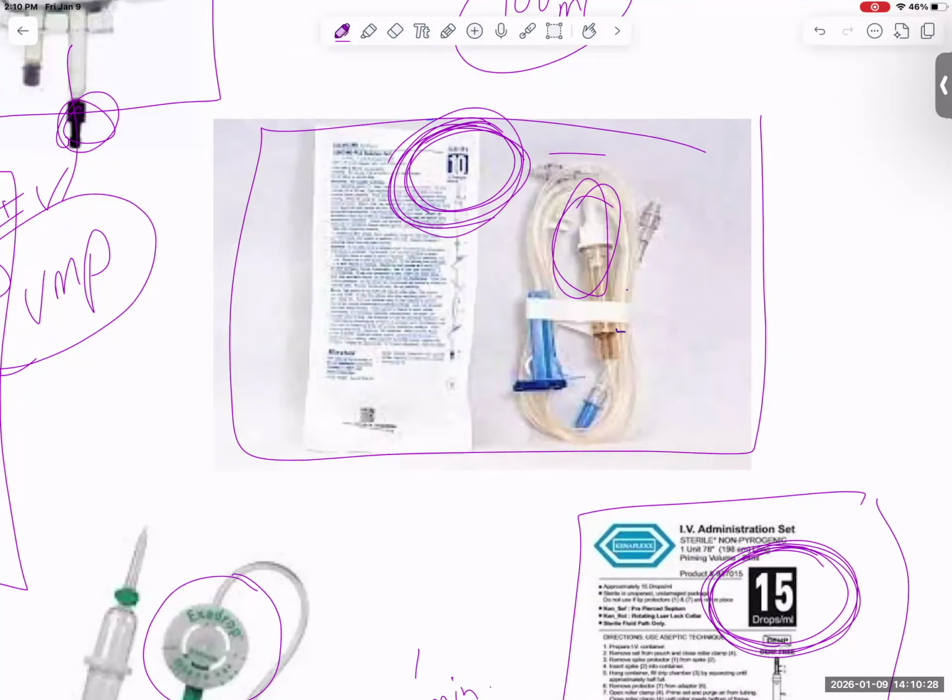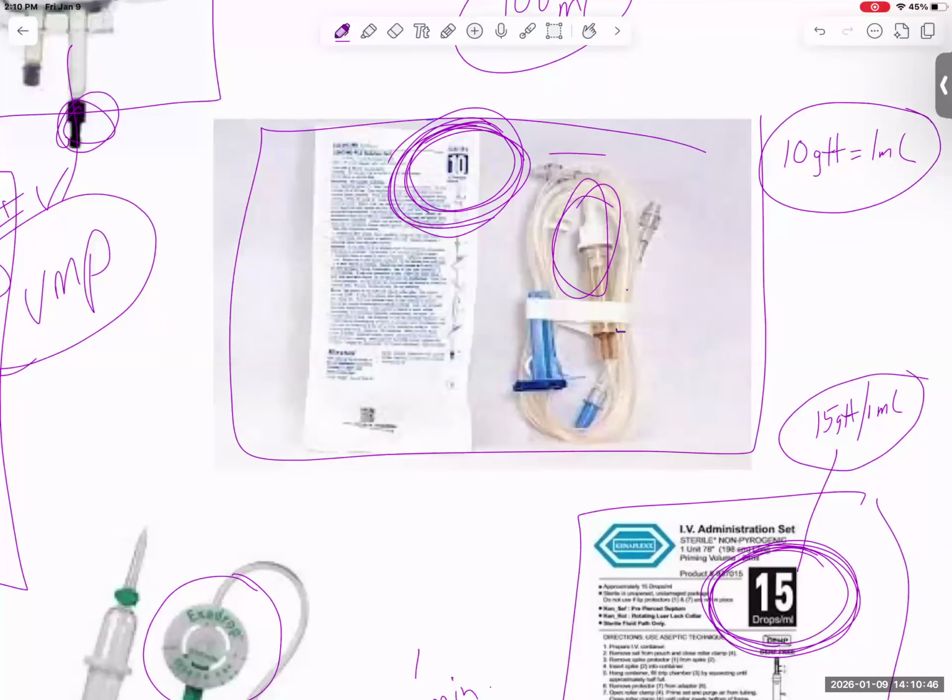So this 10 means every 10 drops makes 1 milliliter. And this one means every 15 drops makes 1 milliliter. So this is something you would use to figure out how fast to run something with gravity. And these are called drop factors. The drop factors are found on the tubing.